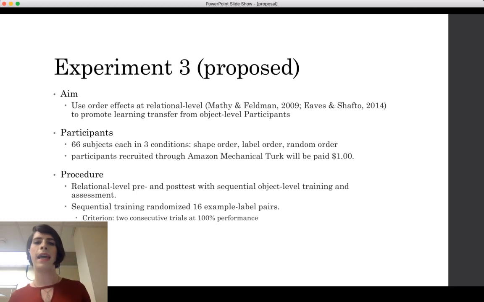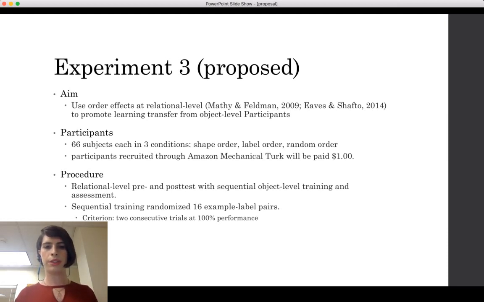The idea is that we can order examples according to a representation, and both Mathew and Feldman, as well as Baxter Eves and Pat Shafto, have shown that by using such an order that respects the underlying representation, one can promote learning of that representation. The application that I have here, though, is critically different because we're showing examples that apply at one level, the object level, while ordering them at the relational level. So I'll show you what that looks like in a second.